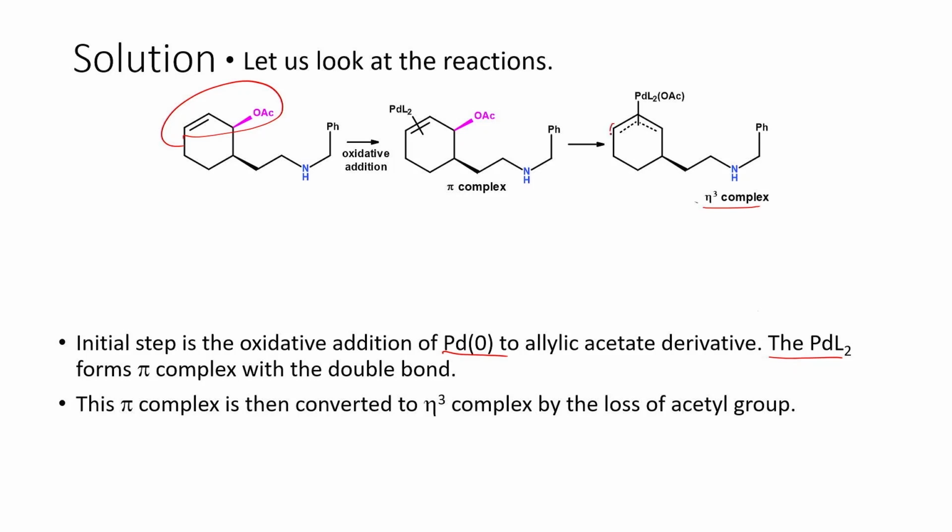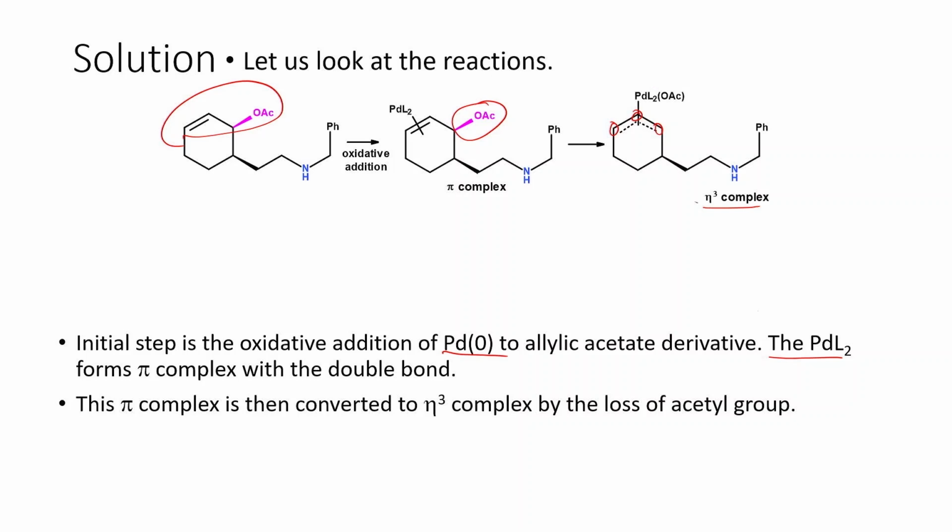So that means 1, 2, 3, all the three carbon atoms are now coordinated towards the palladium atom. So in the pi complex, only the pi bond is coordinated towards the metal, that is the palladium. But in the eta 3 complex, 1, 2, 3, all the three carbons, in other words the allylic carbons, are coordinated towards the palladium. And in this whole process, the acetyl group also leaves from this particular carbon and gets attached to the palladium center.